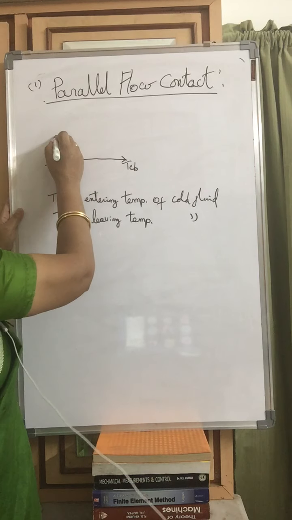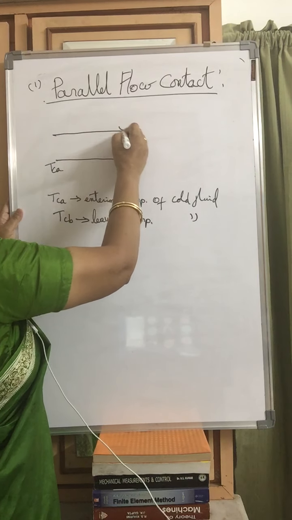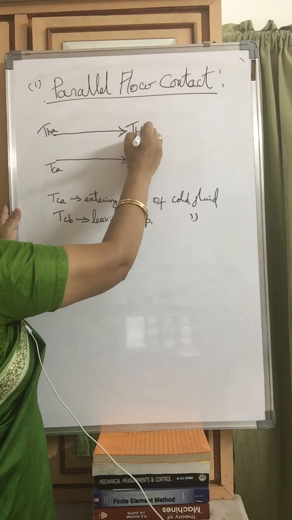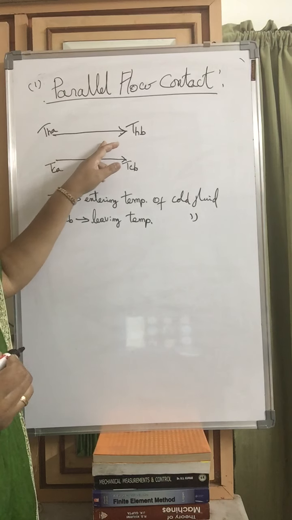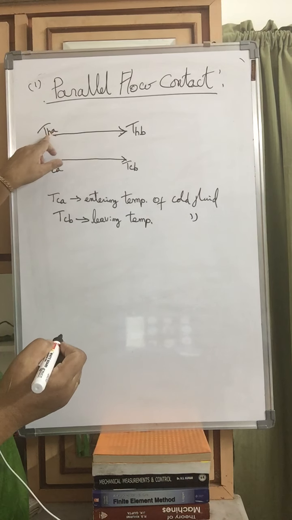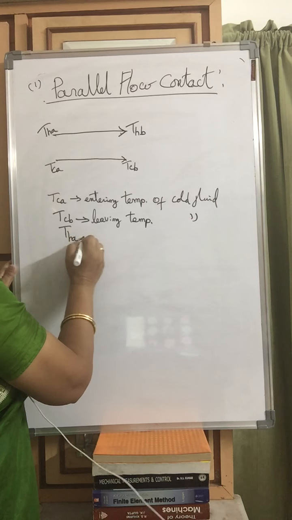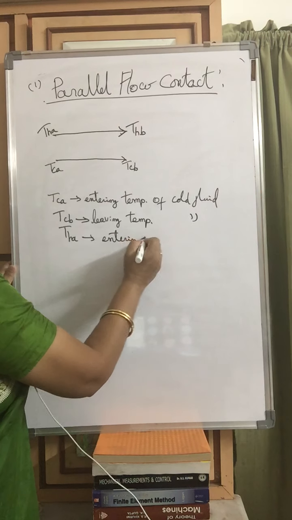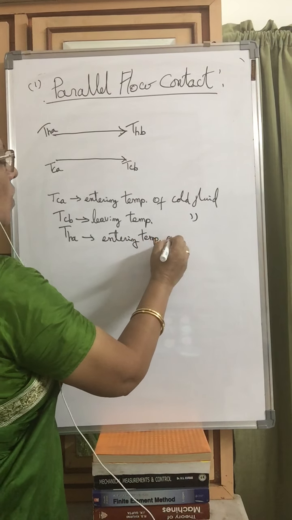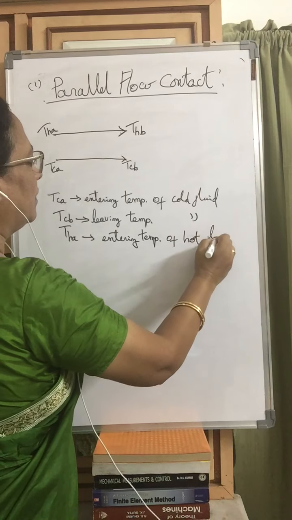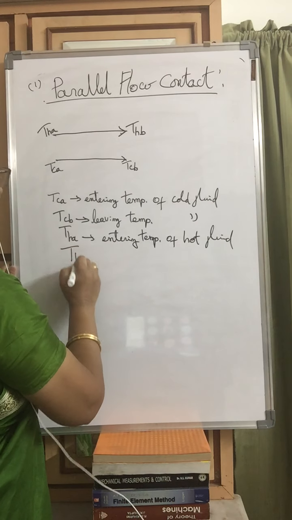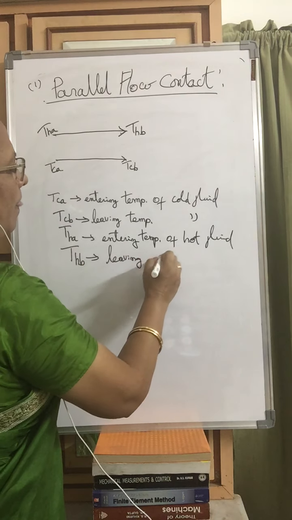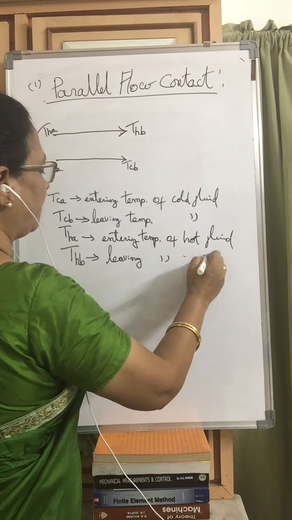Now hot fluid. See this, this is THA and this is THB. THA, where A indicates entering, is the entering temperature of hot fluid, and THB is the leaving temperature of hot fluid.